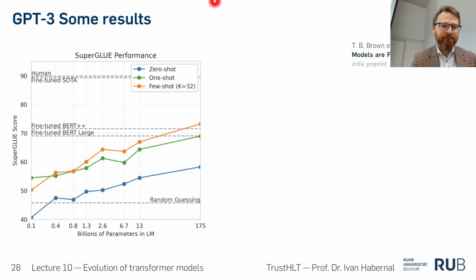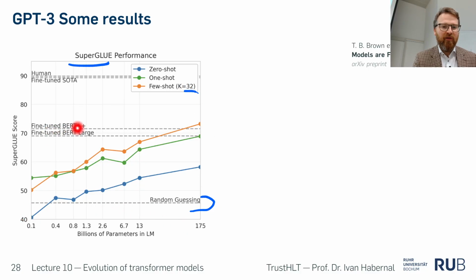There are some other results here for SuperGLUE. GLUE is the General Language Understanding Evaluation, and SuperGLUE is a bunch of datasets together. Again, random guessing is somewhere here, and zero shot, one shot, few shot. Few here equals 32.